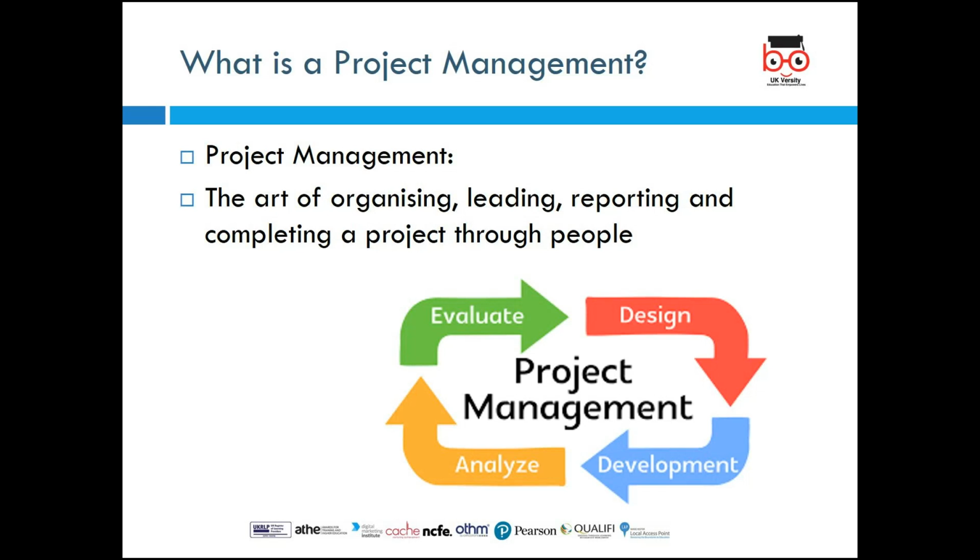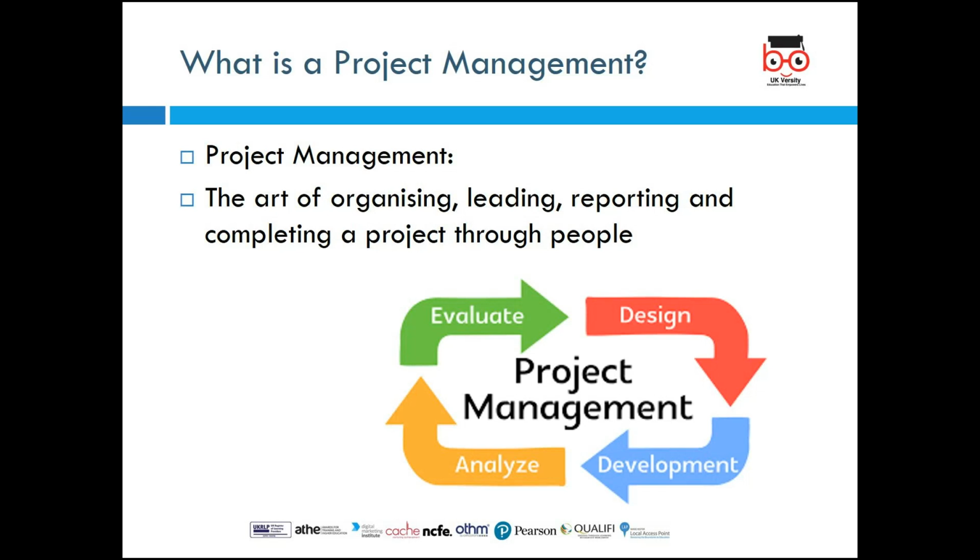Now, if that is a project, then what is project management? How do we manage a project? What is project management? Project management is simply the art of organizing, leading, reporting, and completing a project through people.